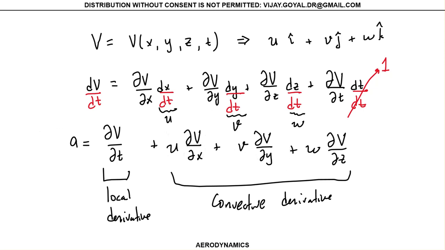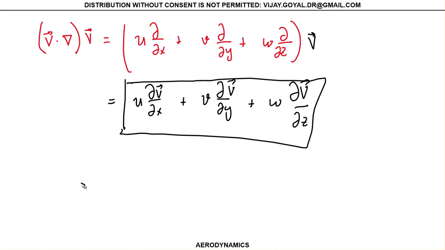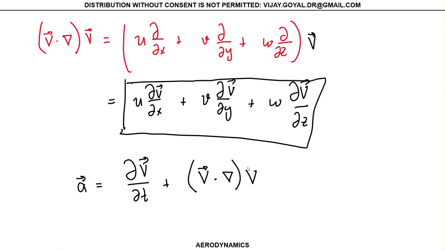So in general, what we could do is we could say your acceleration vector will be nothing else than the derivative of v respect to t plus your velocity vector take dot with your gradient vector multiplied by v, and that's what this is going to equal to.